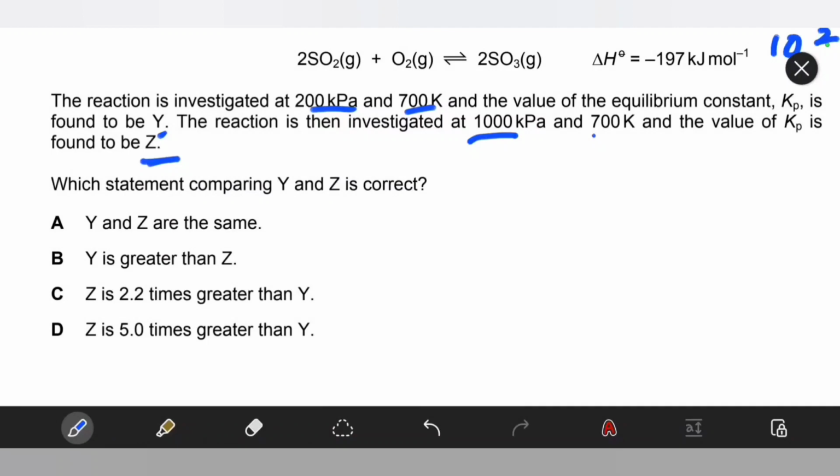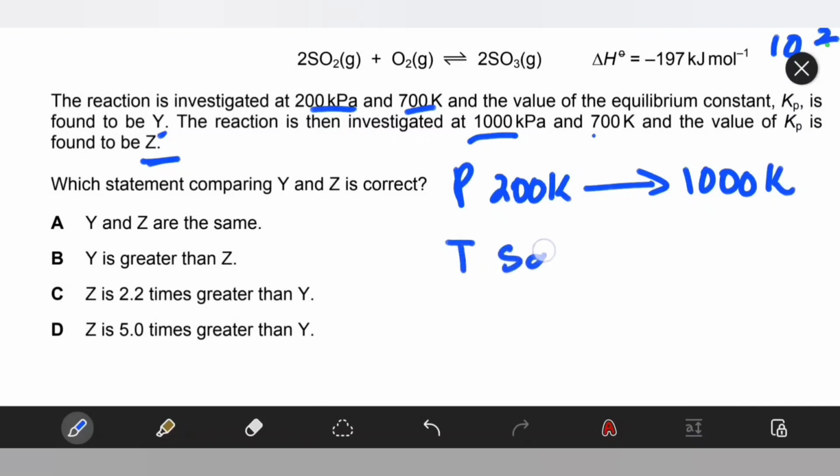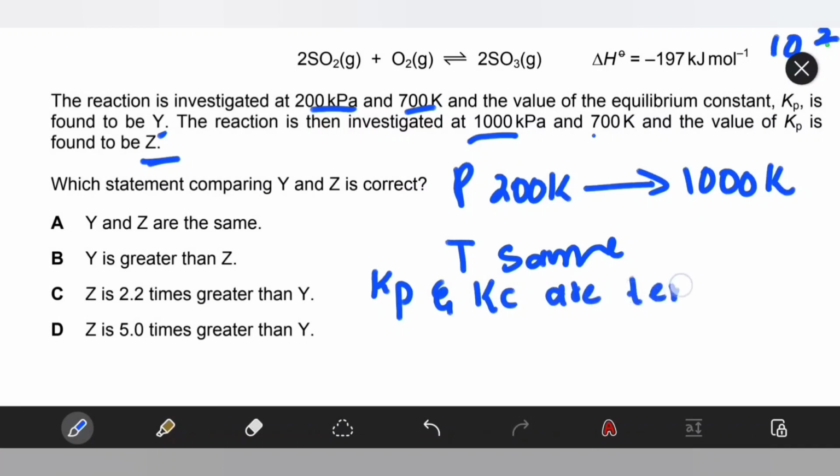Since pressure is being raised from 200 to 1000 kilopascals while temperature is the same, we know that Kp and Kc are both temperature dependent quantities, and since the temperature is not changing here, the Kp value will remain the same, so Y and Z are the same.